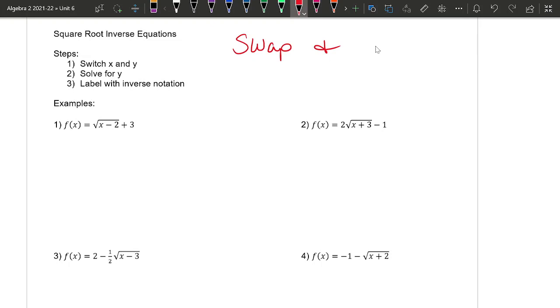I feel like swap and solve is a little easier to remember. To find the inverse of any function, swap and solve, which is kind of what we just did in graphing. X's and Y's trade places, and then graph it. So now it's X's and Y's trade places, and then solve it. So you're swapping X and Y, and then you're solving for Y.